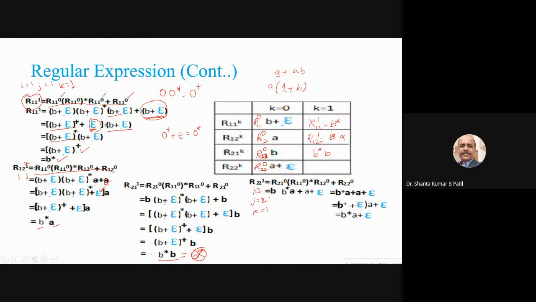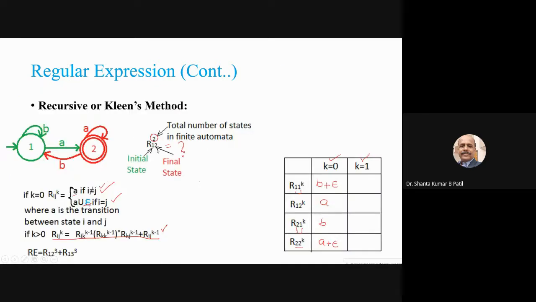K power is K minus 1, and substitute all these values from the first column, and after simplifying, the final answer is R2 to power 1 is b star a plus epsilon.